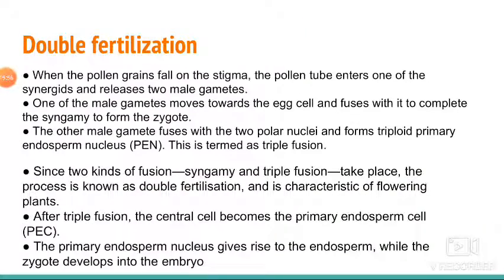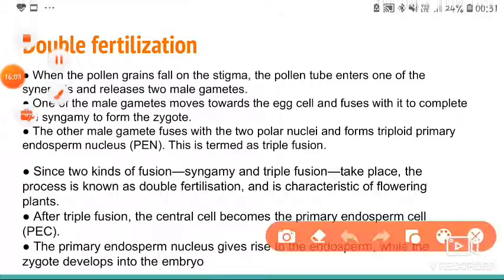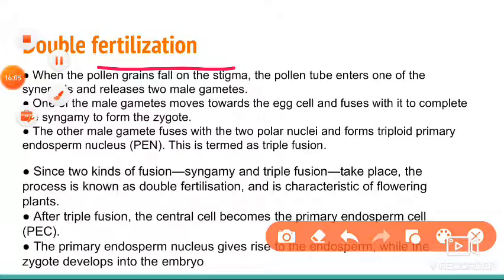After completing artificial hybridization, in your NCERT they have given double fertilization. What is meant by double fertilization? Before that we have to know about fertilization. Fertilization, as we commonly know, is the fusion of the male and female gametes.